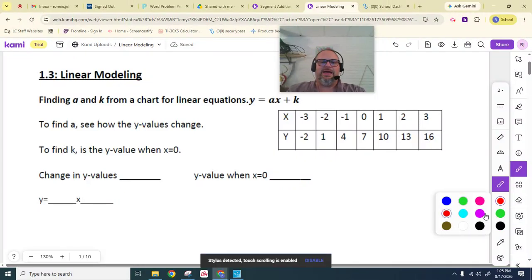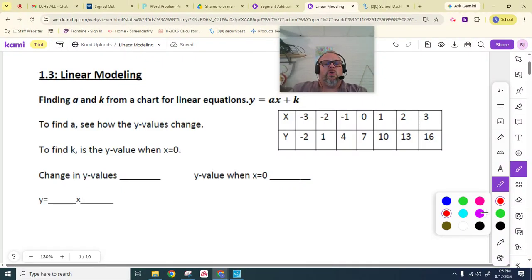So now, we're going to be doing this from a chart, okay? When we find our change in y values, to find A, we're going to look at how our y values change. All right, so let's look. If I start right here, this goes 1, 4, 7, 10. All right, so what's happening each time? Plus 3. Plus 3.